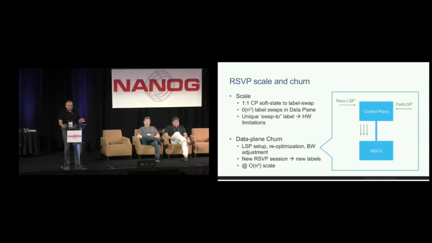When we look at RSVP, which is mature and deployed, we can see that there is a one-to-one control plane state to label swap, so also data plane state. And every swap to label is unique. It's a one-to-one relationship. This has impact on the data plane churn, right?